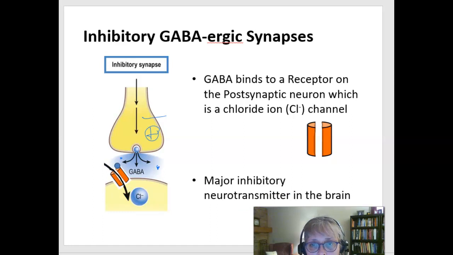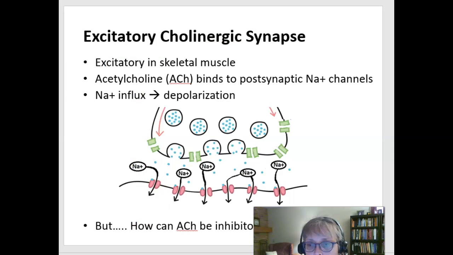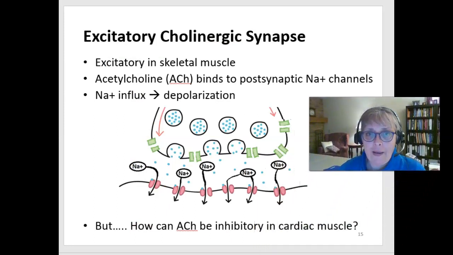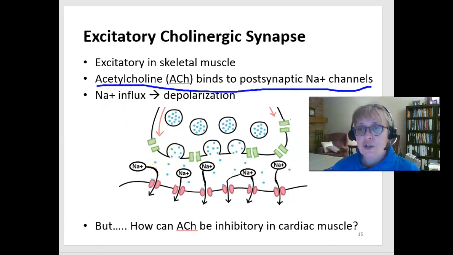Okay, let's look at an excitatory synapse next. I'm going to use acetylcholine as an example for an excitatory neurotransmitter and synapse. We know that when a neuron releases acetylcholine to a skeletal muscle, that skeletal muscle cell is excited. Why is it excited? Well, the cell has sodium channel receptors.